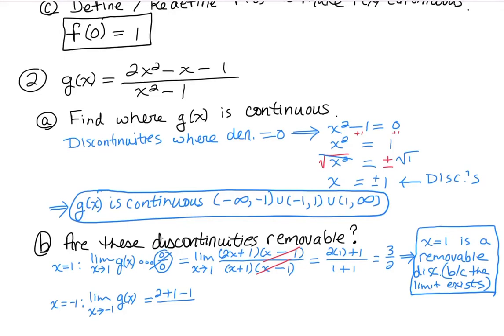So my denominator is still going to be negative 1 squared, which is 1. My denominator is still 0, but my numerator is 2.